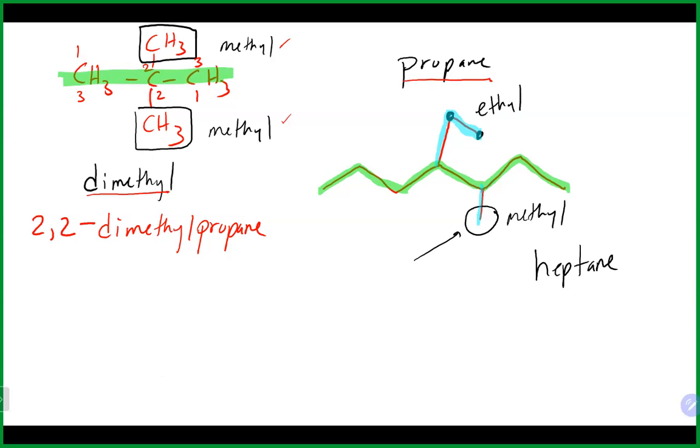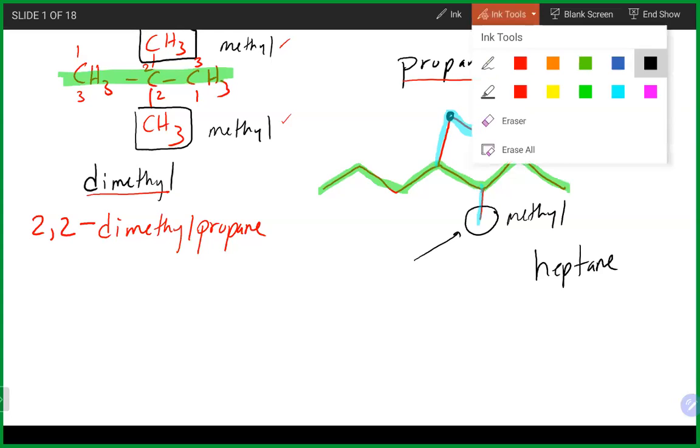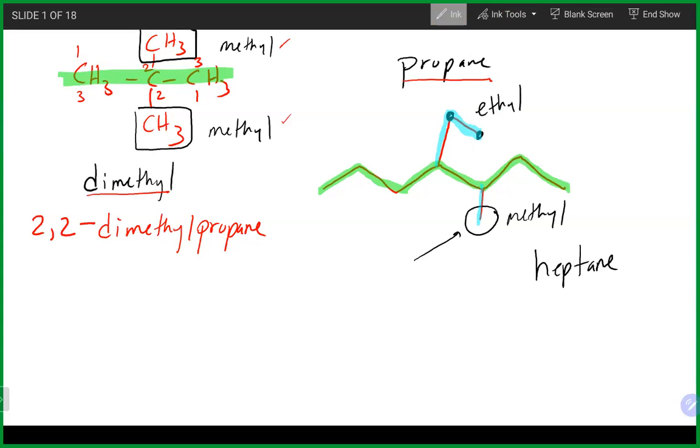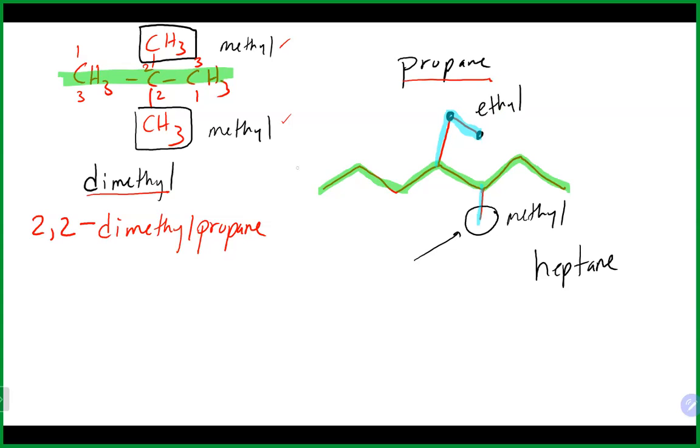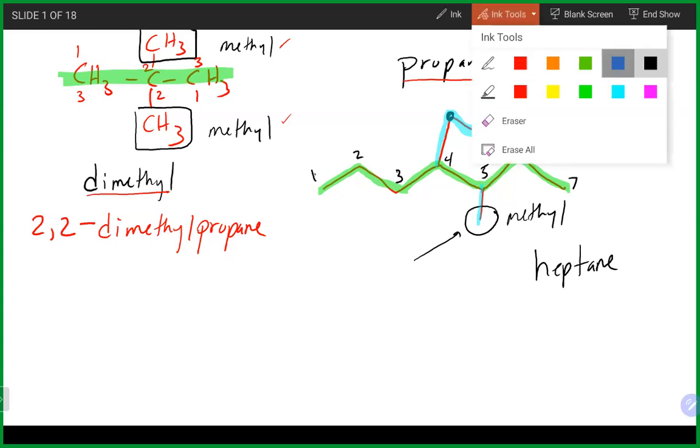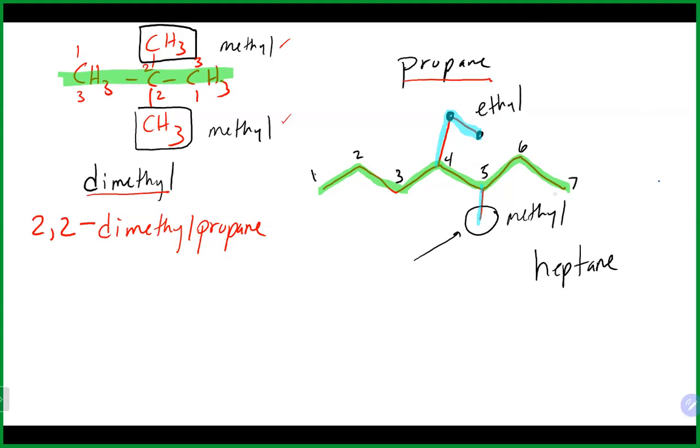Okay, so now that we have our groups identified, we're to the part where we do need a number. So in this case, we could go left to right. That would be carbon 1, carbon 2, carbon 3, carbon 4, carbon 5, carbon 6, and carbon 7. If we number the other way, I'll do it below. 1, 2, 3, 4, 5, 6, and 7.